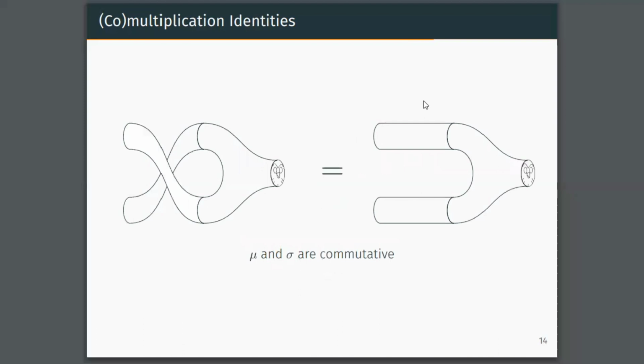The next thing we can do is show commutativity. So we've now got an abelian monoid, if you know this term. We can just untwist this, and it's the same as the twisted version. So multiplication is commutative, and co-multiplication is also commutative.